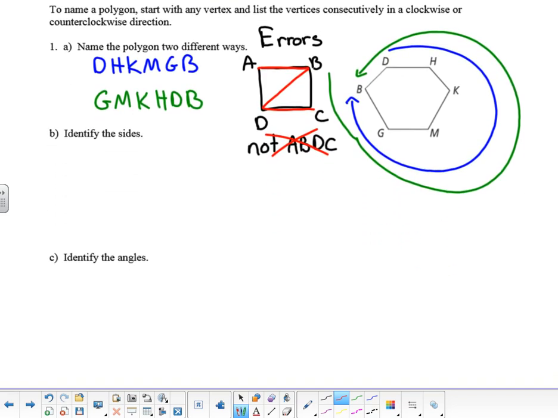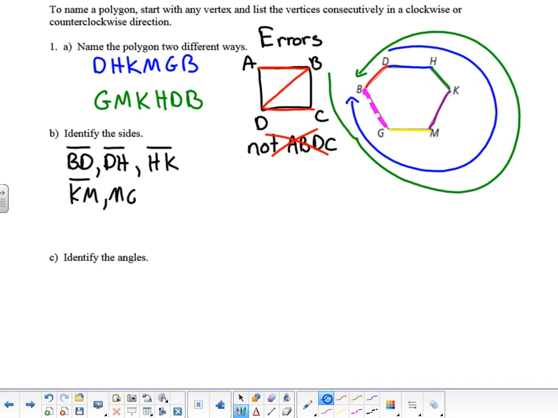All right, so let's identify the sides. I'm just going to use some different colors just to help us see the sides that we have here. Just to highlight them, give you a visual on it. Okay, so let's list those out. They're going to be segments. So we've got BD, DH, HK, KM, and MG, and then our last segment would be GB.